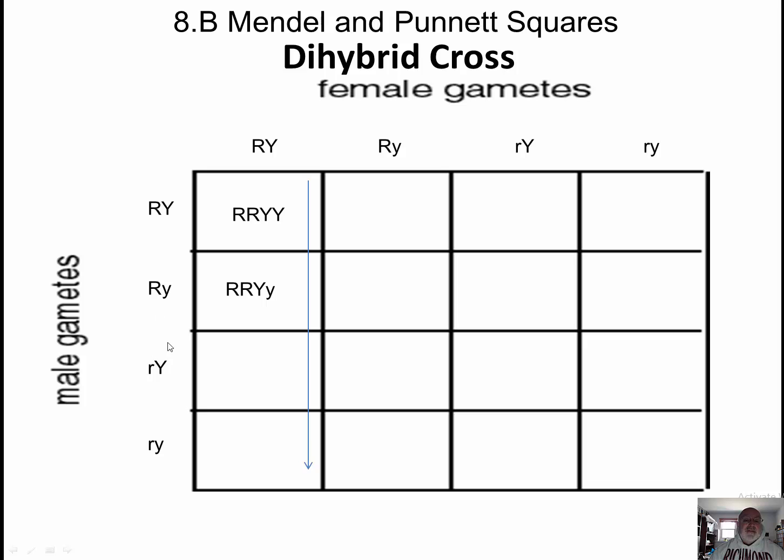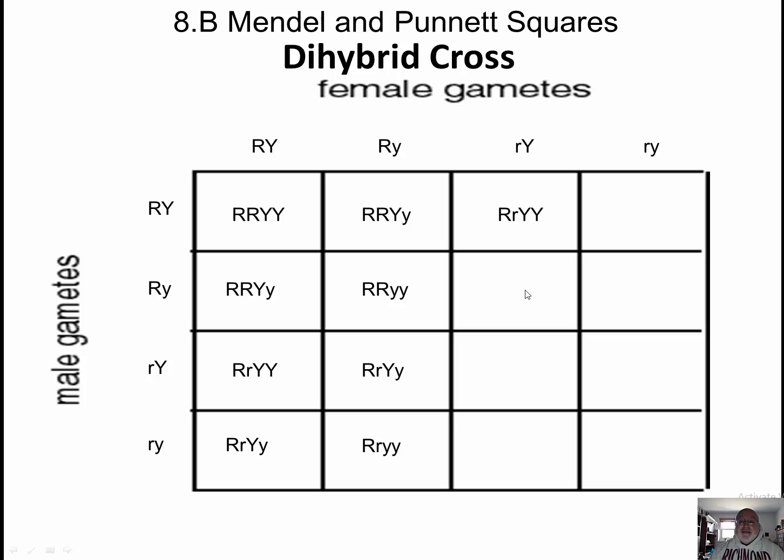And then we have dominant, recessive, dominant, dominant. Then dominant, recessive, dominant, recessive. Then dominant, dominant, dominant, recessive. Then recessive, recessive, dominant, dominant.